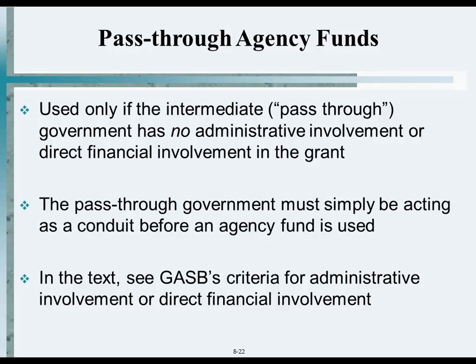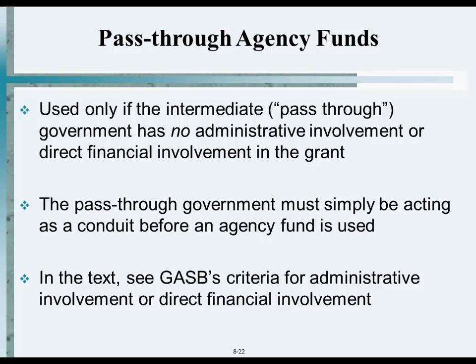Now let's change things a little bit. What if the federal government said, we'll give you $10 million for these towns, but you need to figure out, state, if they really need this money, or how it should be spent? There's some involvement now on the part of the state.